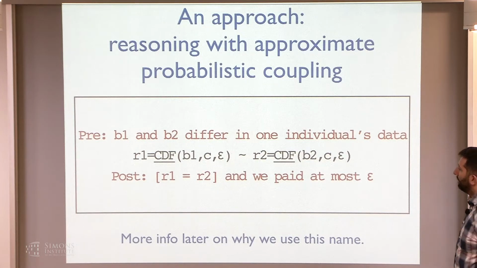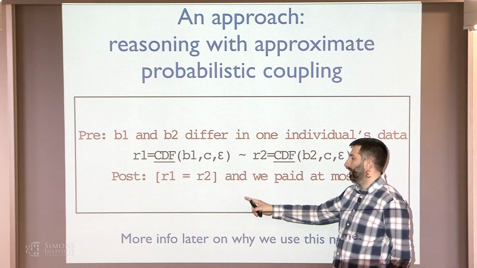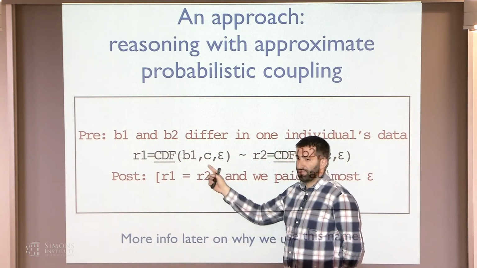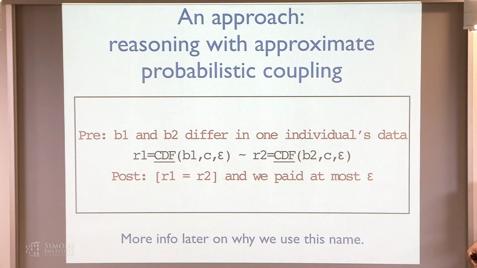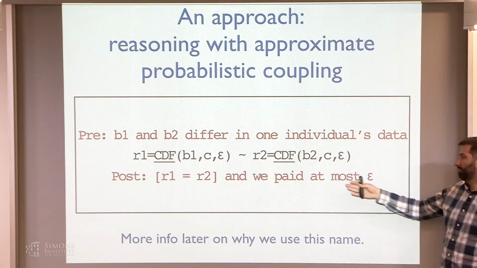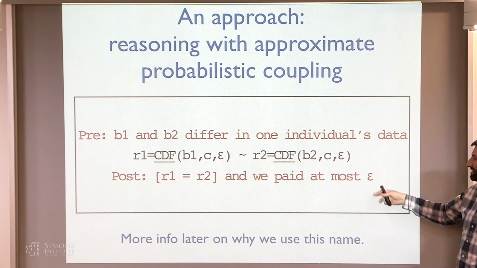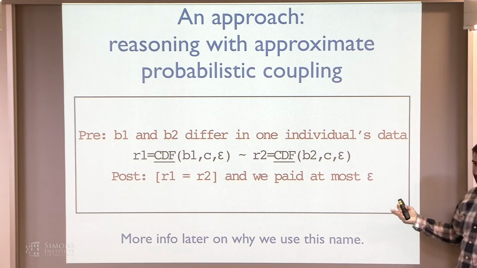The idea is to just use some logical constraint as a postcondition, and require also some additional property. In the case of differential privacy, we want to ask that we pay at most epsilon.